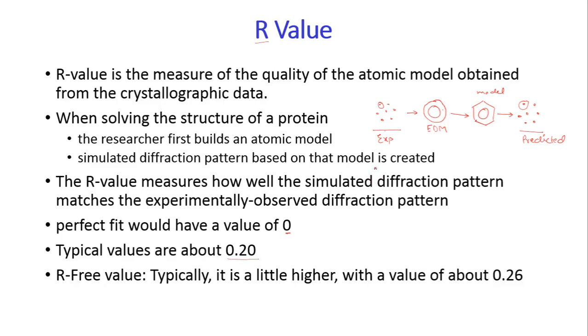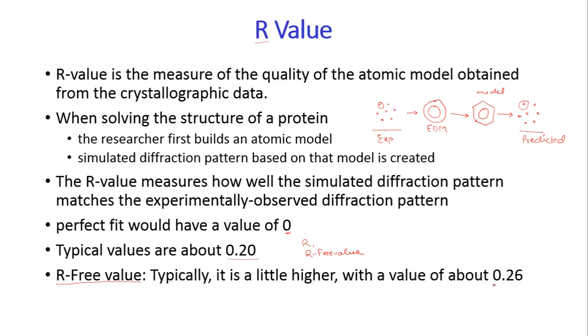What people have done further is that they have performed some statistical work to improve the significance of this R value, and we have the R free value. So you can compare either the R value or the R free value.